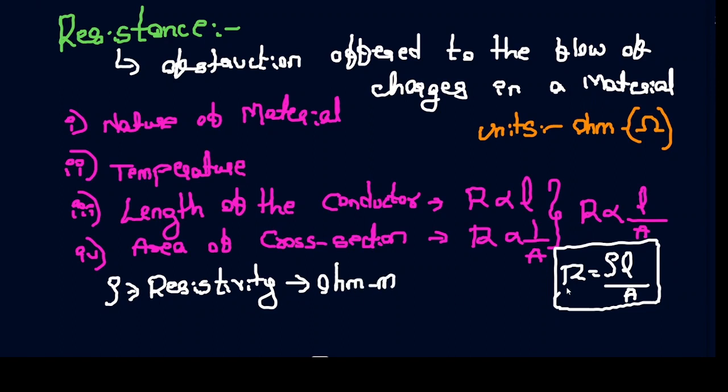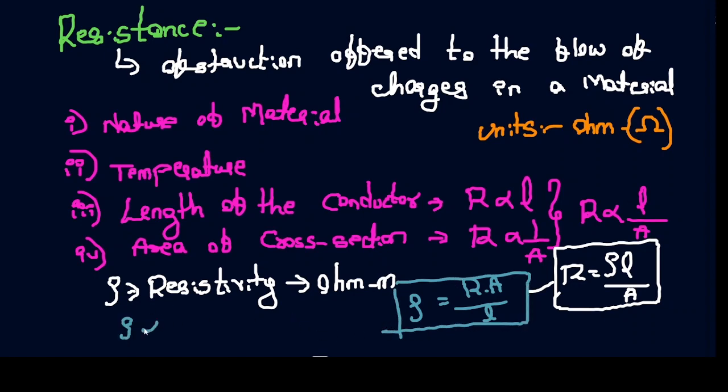From this we can write rho equals R into A by L. This resistivity is the inverse of conductivity, which is denoted by sigma. So this is about resistance, the factors on which it depends, and also resistivity.